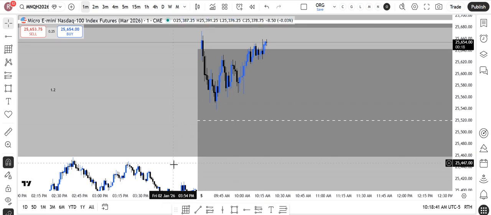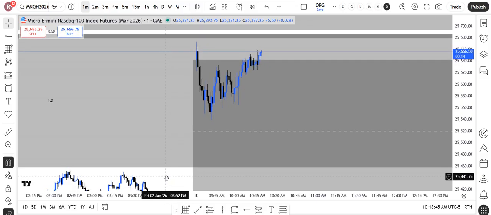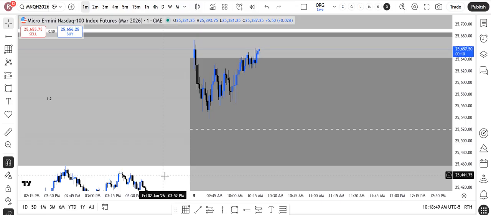Sometimes it is, if you're flexible and you're an experienced trader and you can do that, sure. But if you can't do that, then it's better just to stay out altogether, which is what I'm going to do. I'm just going to stay out because I don't want this going up. I don't want it going up. I really don't.